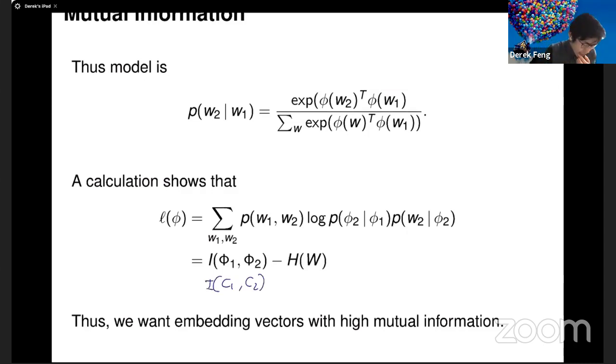The intuition is that I want to pick C1 and C2 such that C1 helps me predict C2. And the same thing here: I want to pick phi1 and phi2, which correspond to the assignments I make for the vectors of the context and for the words, such that knowing phi1 helps me guess phi2.